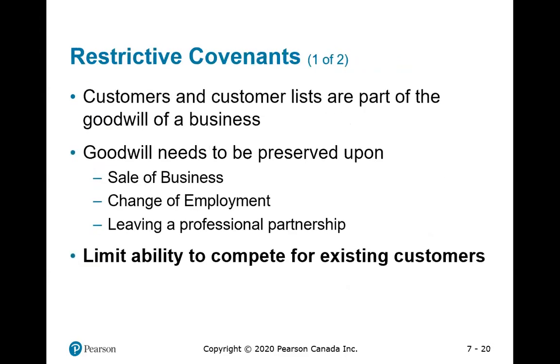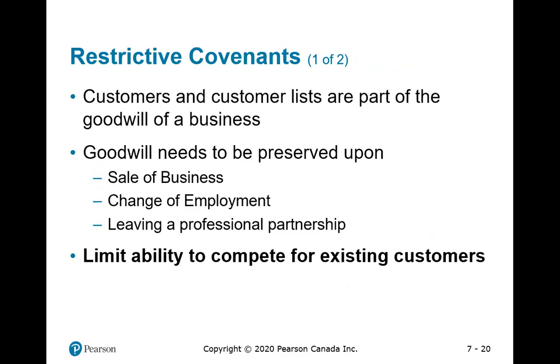Okay? So before we go to a question, we also look at restrictive covenants. Those are sections in an agreement in which one party is preventing the other from doing something.